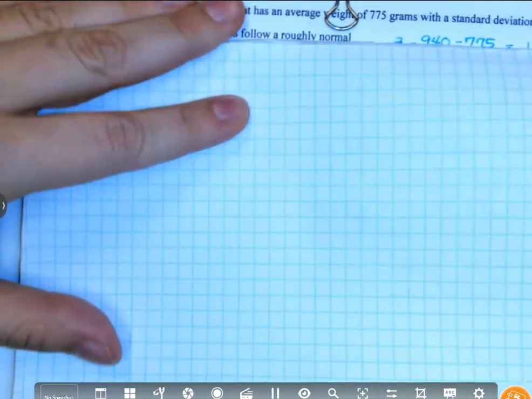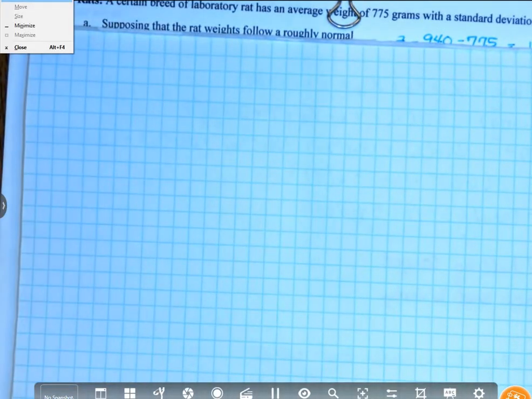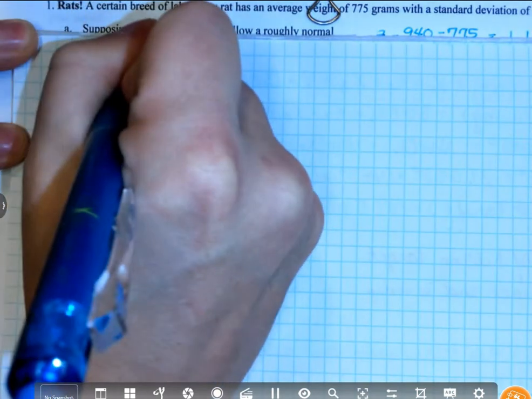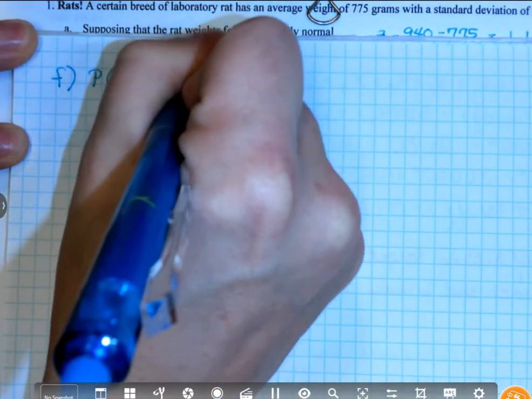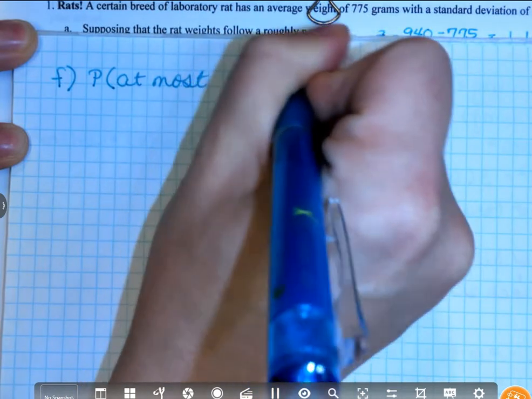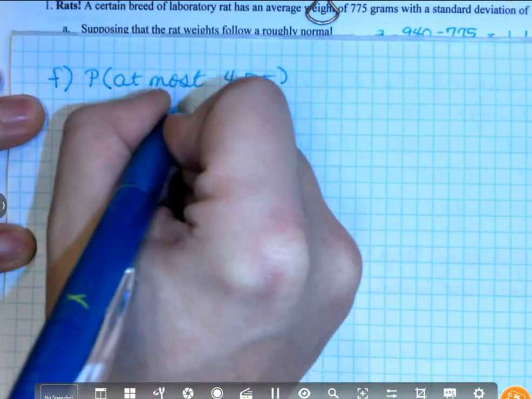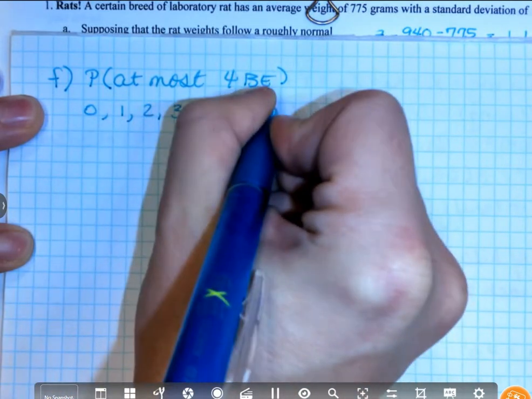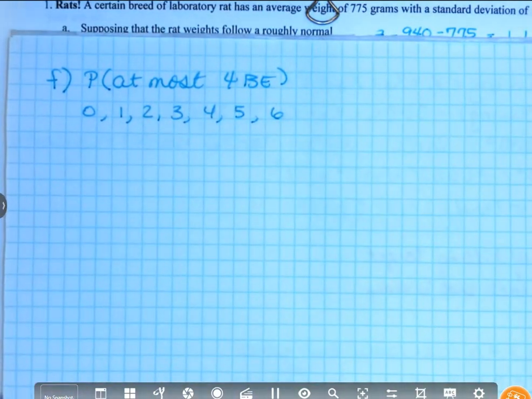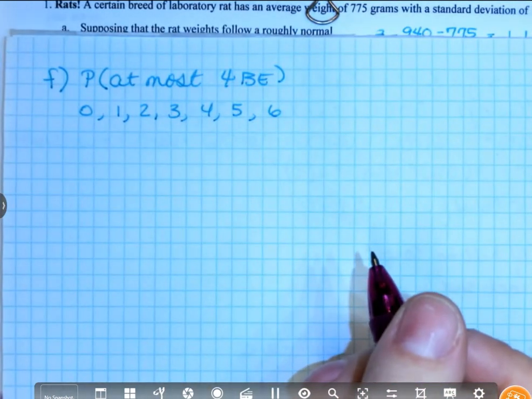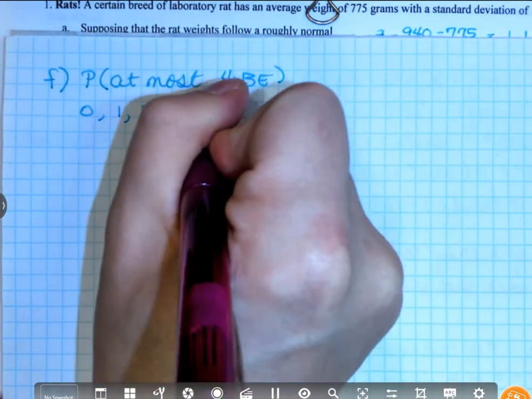Whereas looking at F, tipping stuff over, F said probability that you have at most 4 bullseyes. So again, I can go as few as 0. If I'm talking about at most, can I include 4? I'm including that 4.